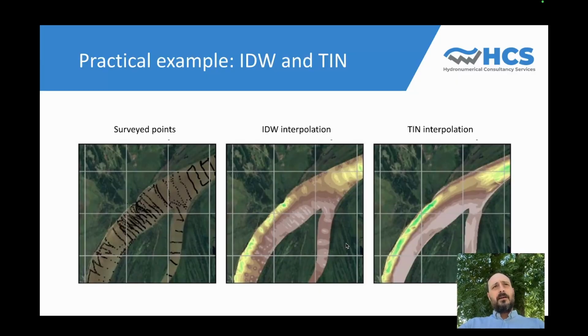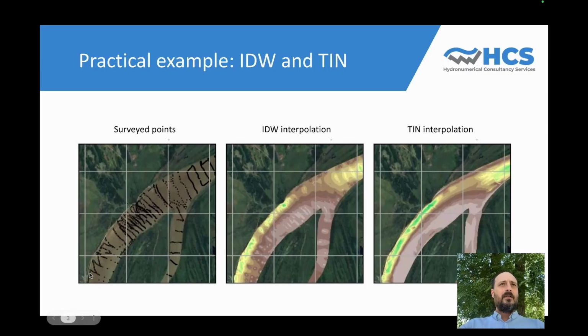If to the same data you apply the triangular mesh, you get something like this, which works much better in general, but still presents some artifacts, some discontinuities here and here, especially anywhere where the data is not as orderly as in the other parts. There are other specific methods for bathymetry, such as trying to construct cross-sections from this point data and then interpolate longitudinally in river reaches.